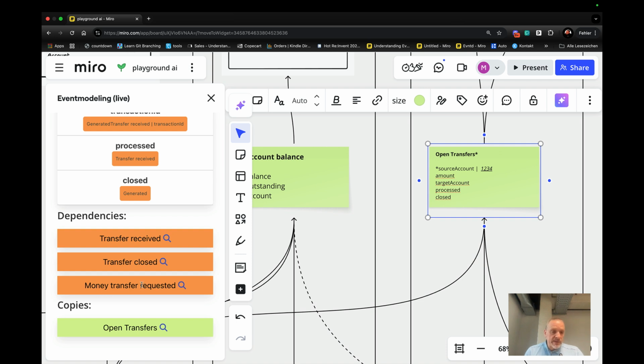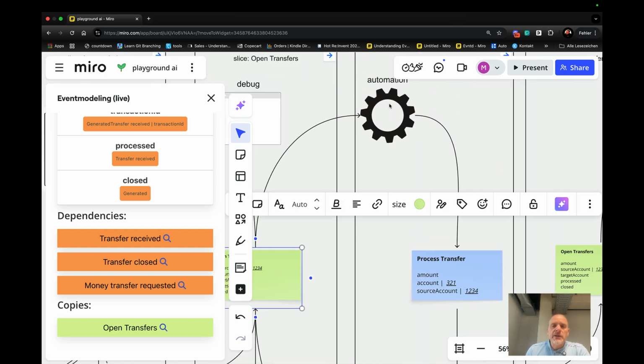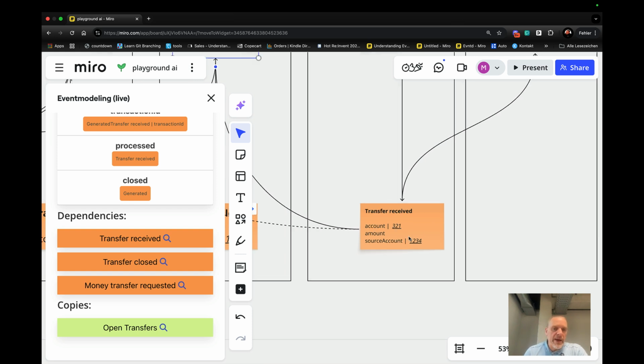So the first thing that happens is money transfer requested gives us a hint that there is something to do. So whenever there is a money transfer requested, this automation takes care of it and processes the transfer and moves the money to the target account. If that is successful, we have the transfer received, also just on the other account, could also be the other bank, right?